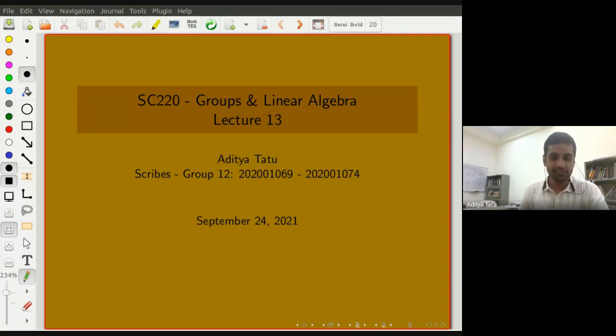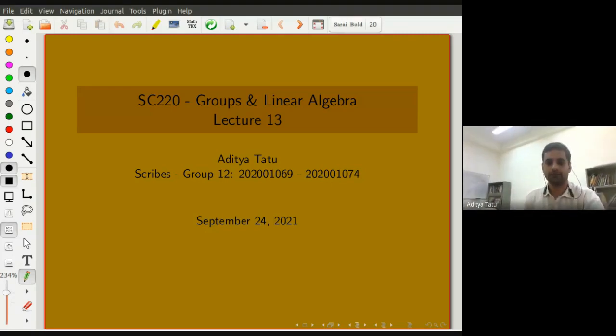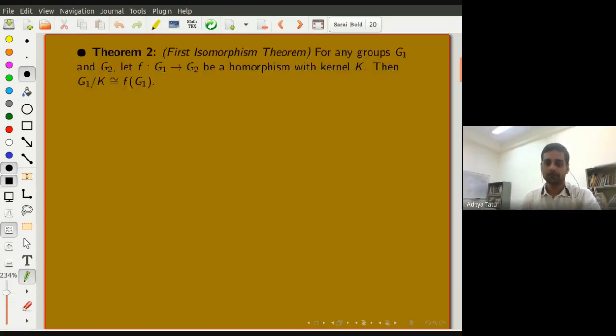Right, let's get started. So this is the theorem we did in the last class, right? It's the second theorem of our course. It's called the first isomorphism theorem. It says that for any groups G1 and G2, if we have a homomorphism F going from G1 to G2, then there is a way in which we can convert this homomorphism into an isomorphism.